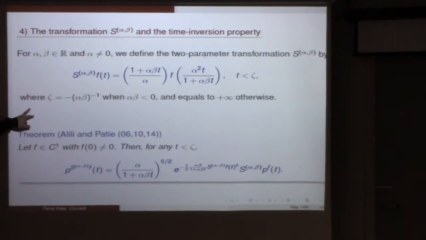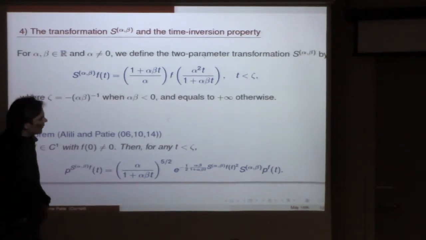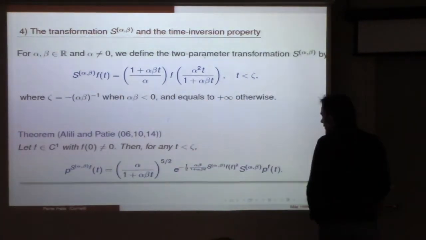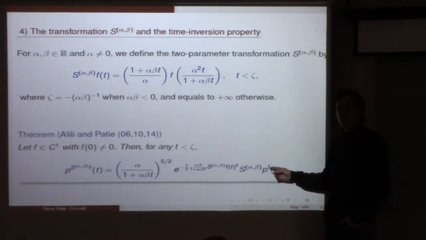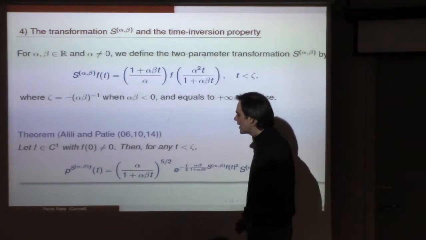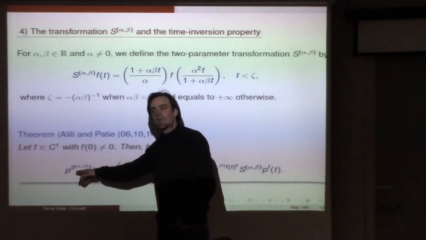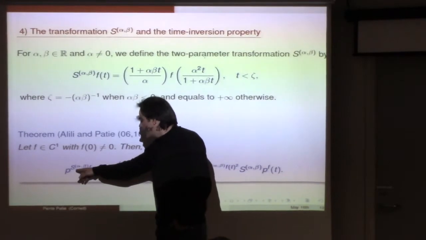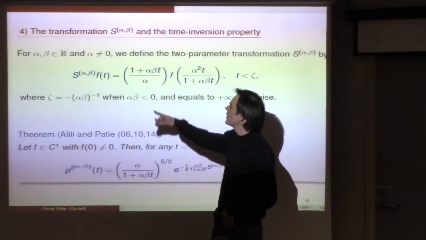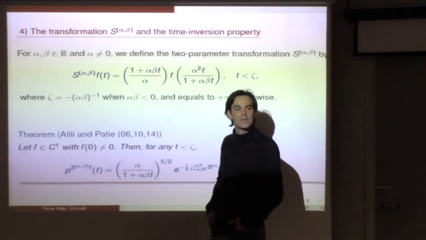Okay, so what we show with Larby, in a series of papers, is that, if you know the density, I'm setting it for a function which is C1, though we have a general result for any distribution. If you know the first passage time of a Brownian motion to a specific curve f, let's say that we have access to this density, you can get an explicit representation for the first passage time of the Brownian motion to the image of f through this transform S_alpha,beta.